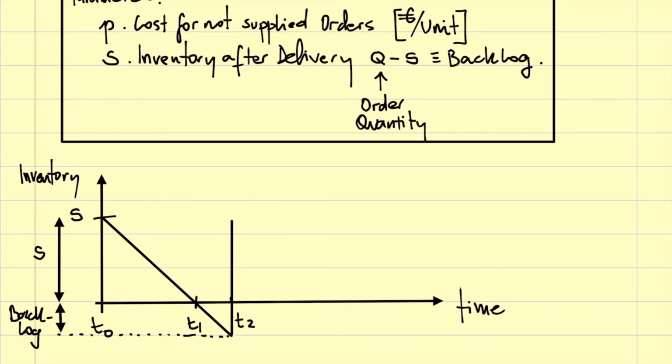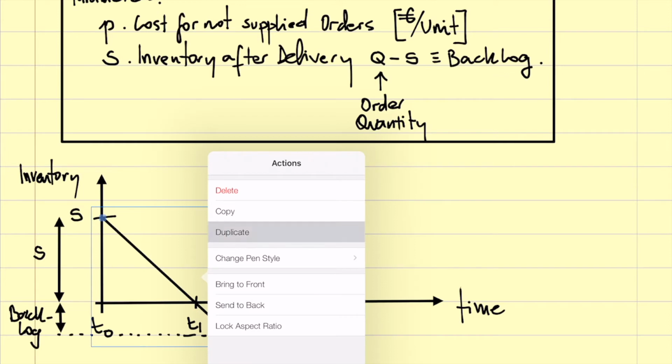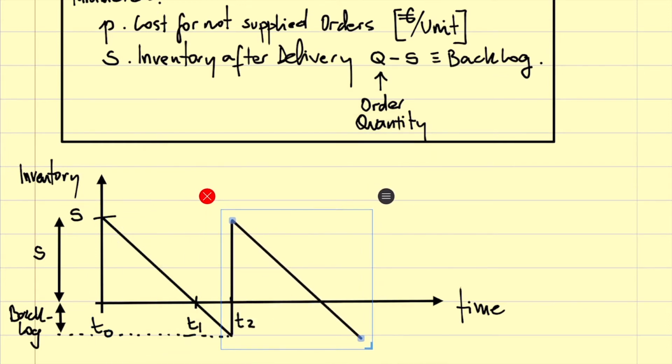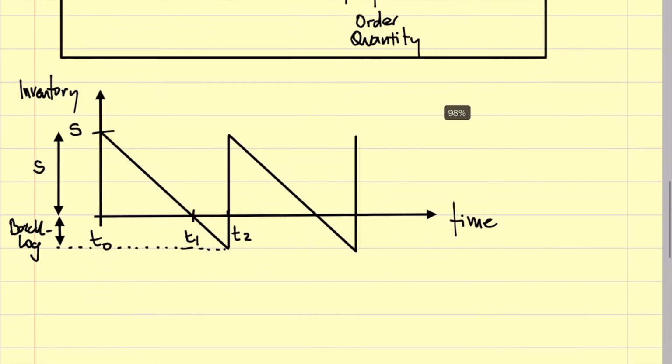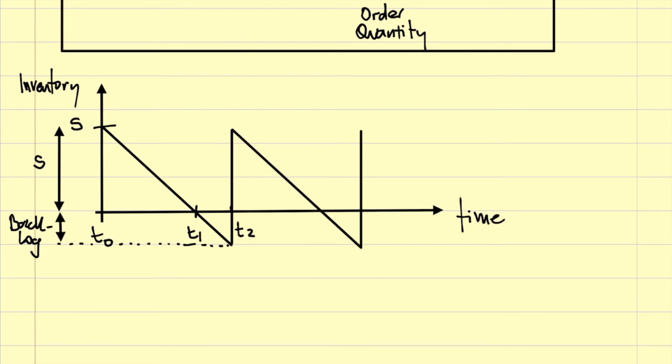In no time we are up to the same level as before, and then this whole thing repeats ad infinitum. Okay. This is just a model. So we are allowing for some backlog in our supplier model. Is it understood? Does it make sense?